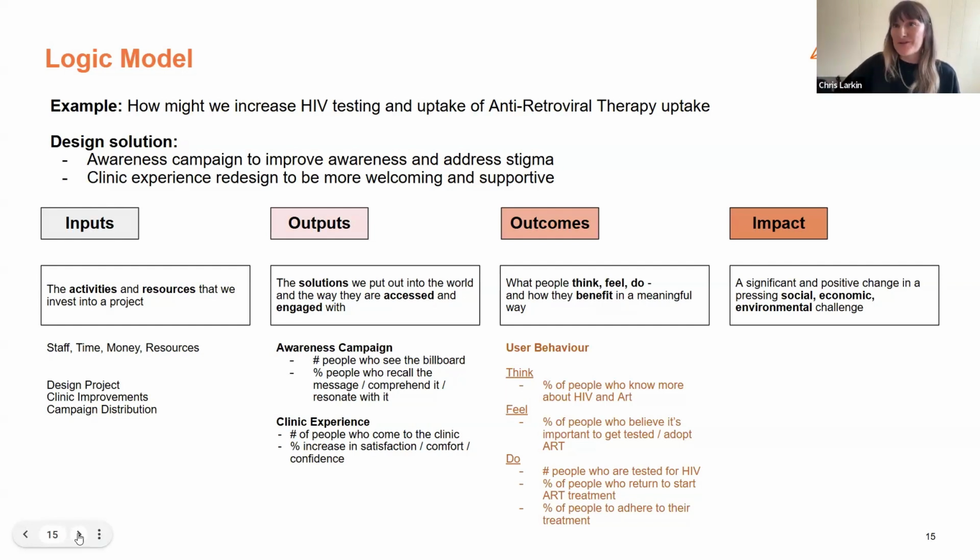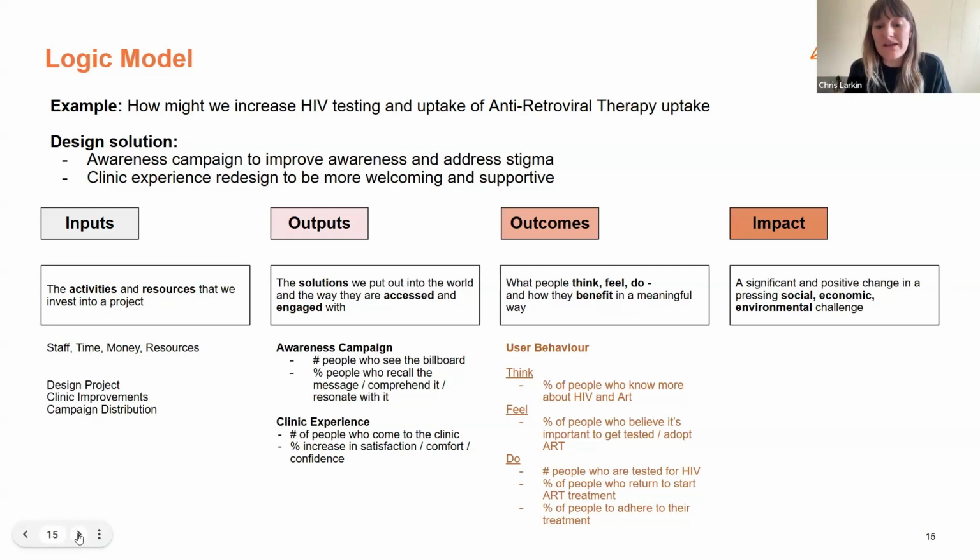Or if you've also got the goal of treatment, then you may also want to be counting, well, what percent of people after the testing are going to return to the clinic to start ART treatment? And that may be very dependent on what their experience of testing was like. If they had a bad testing experience, they may not come back at all. So you're counting based on those changes that you're trying to see.